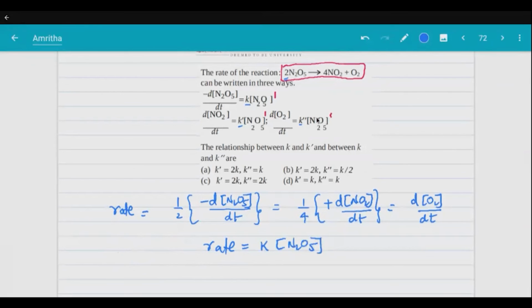Now k dash, k double dash, what is the relation? The coefficients are there, right? So what is the relation?